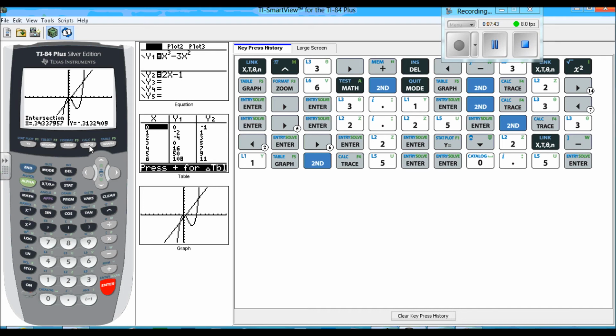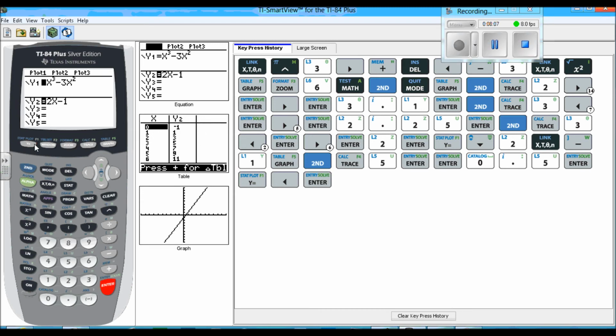Okay, the other way to find intersections is perhaps a bit nicer. Go back to y equals. Now, if you go to the equal sign, and you see how it's flashing now, I hit enter, and now it's no longer highlighted. I'm going to do the same thing to this one, no longer highlighted.